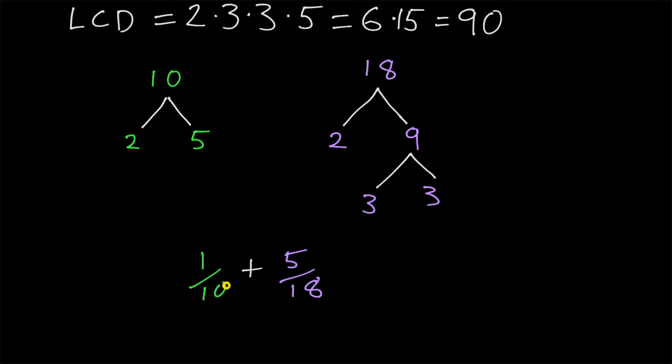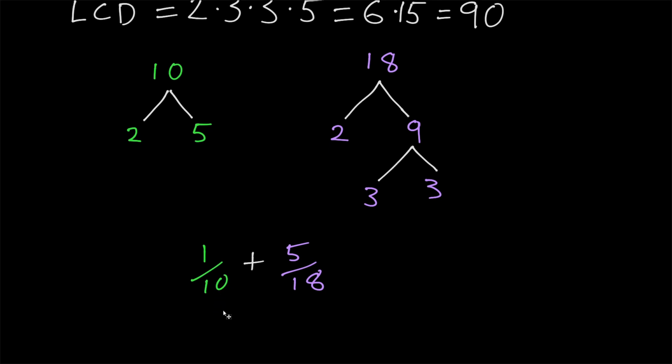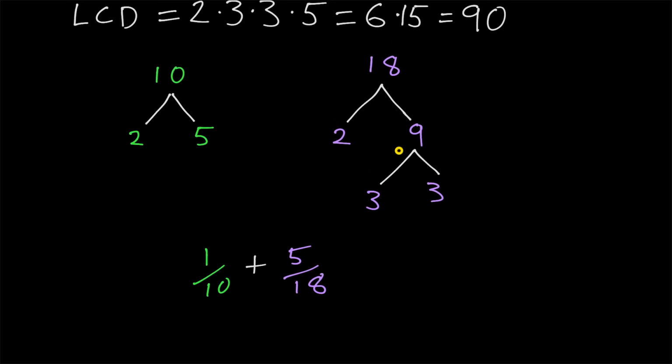For 1 over 10, to convert this to an equivalent fraction with a denominator of 90, we have to multiply the numerator and the denominator by some number such that the resulting denominator will be equal to 90.